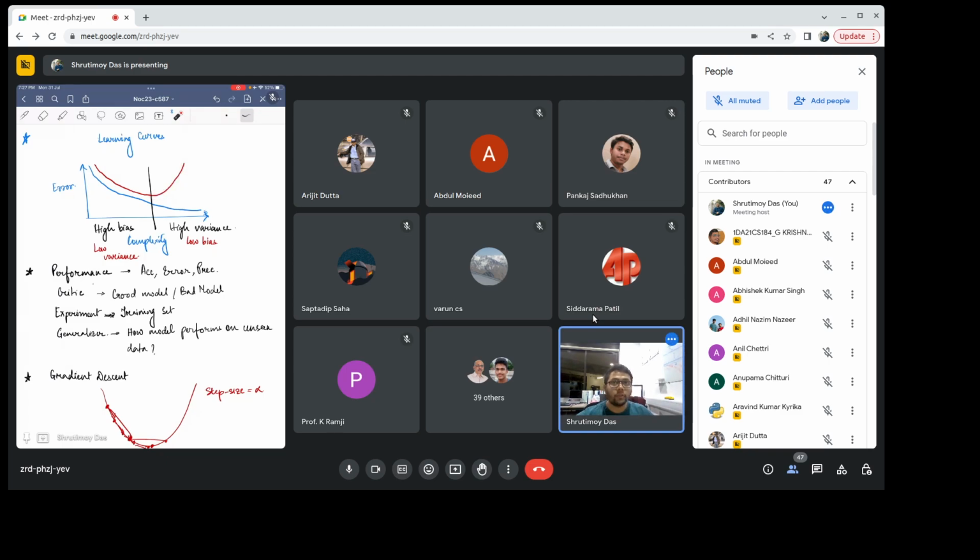This is because we have a model which learns the training data very well, but it cannot do so for the test data. So that region is said to be a high variance region.